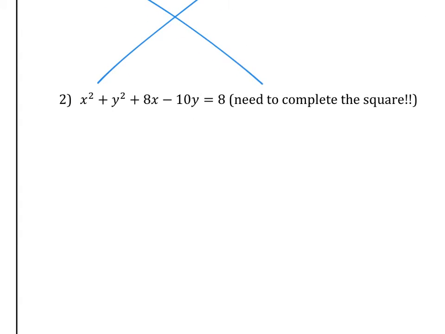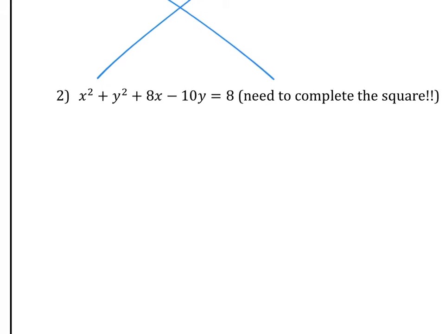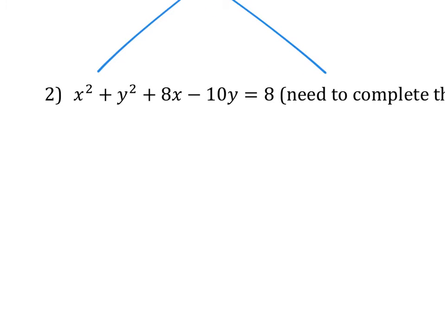This, you need to complete the square. Since there are 2 square terms, we need to complete the square twice. Okay, so to complete the square, what we want to do is gather all the x's together, all the y's together, and then complete the square.